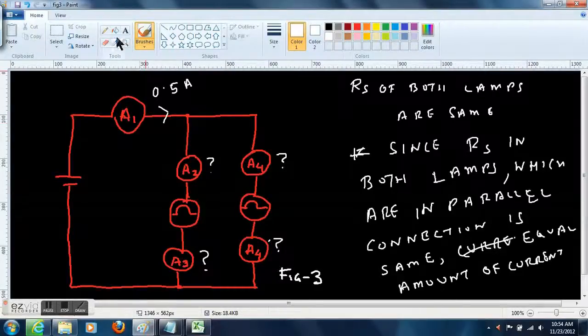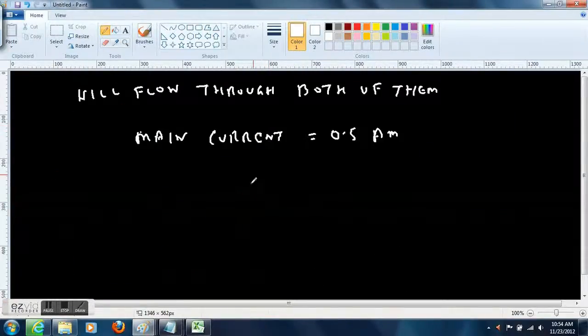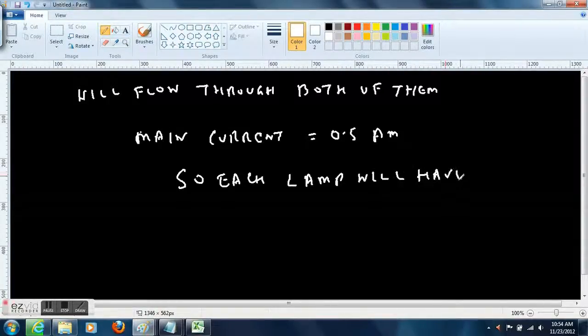Now this 0.5 ampere will be divided into these two paths, and both these paths will carry exactly the same current. So each lamp will have 0.5 upon 2, because it will be split into two paths.